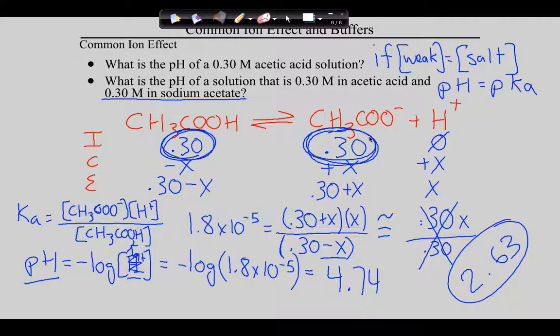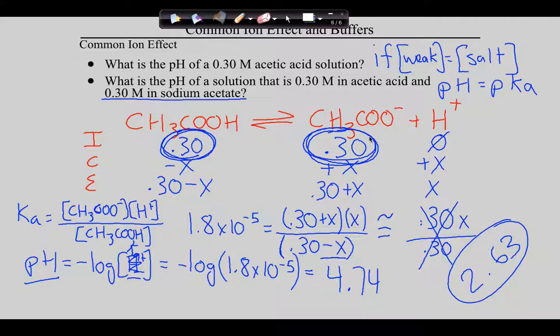Can we say that again? Because this is stuff you're going to do in lab. So guys, in order to build these buffers, we're going to be smart about this and say that the requirement is that we make a buffer at pH 5. To simplify that, we're going to find a pKa table, and find a weak acid that has a pKa of 5.